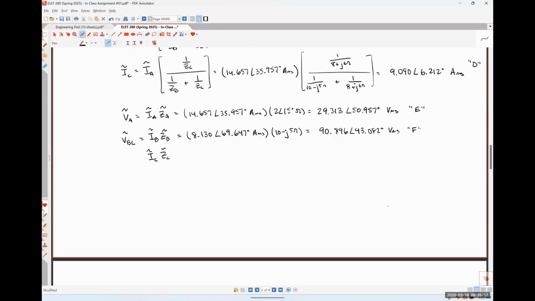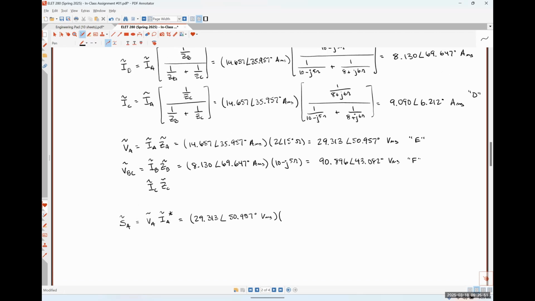So the complex power absorbed by element A, or SA, is just going to be VA times IA conjugate, right? Where VA was 29.313 with an angle of 50.957 degrees, volts RMS.